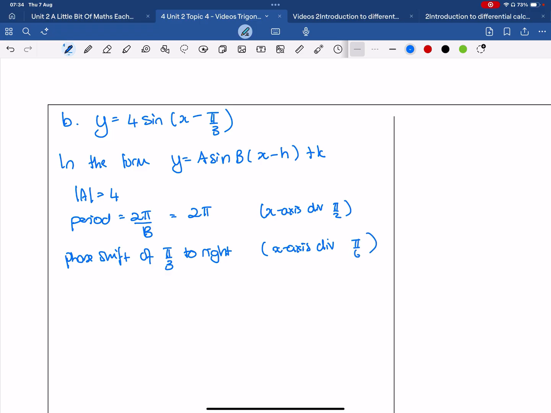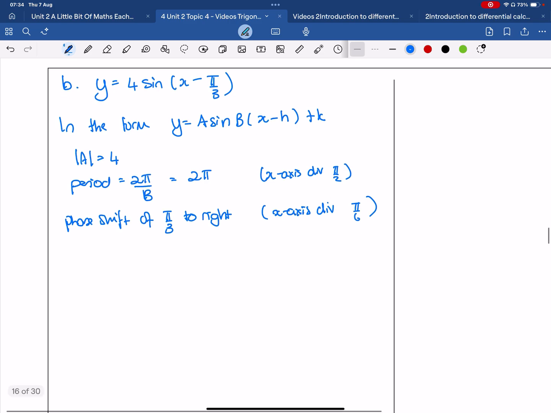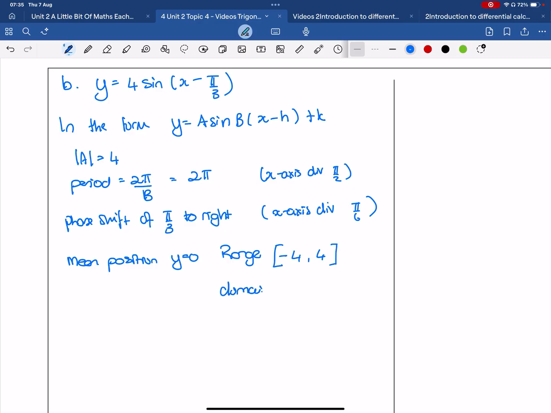So I want to have pi on 6 as my x-axis divisions. If this is all feeling a little bit foreign, go back to your methods and make sure you understand that. Your mean position is going to be at y equals 0, and that means that the range of my function is from -4 to +4, and we know that our domain is from 0 to 2 pi.